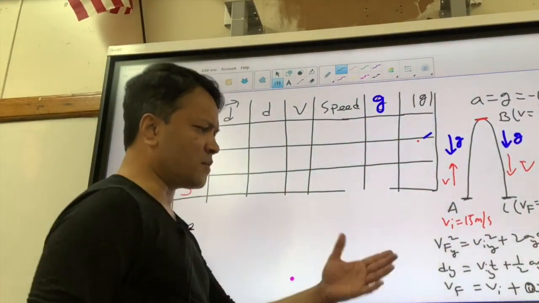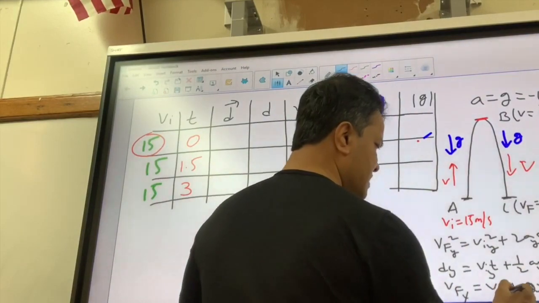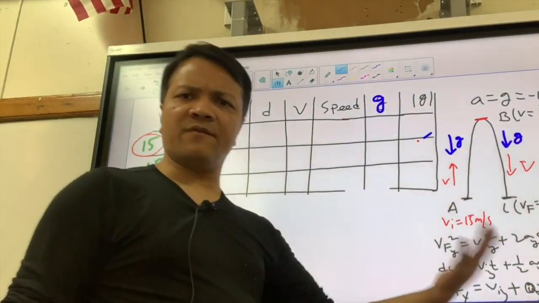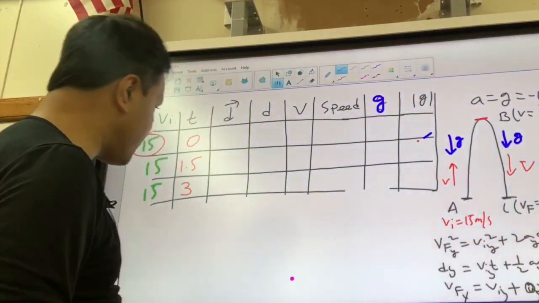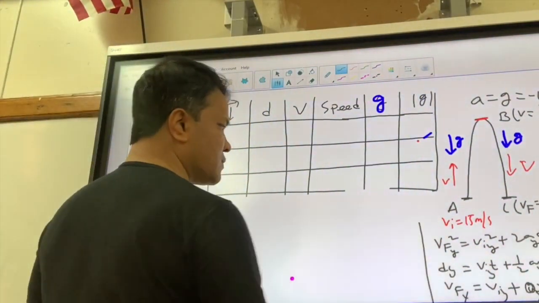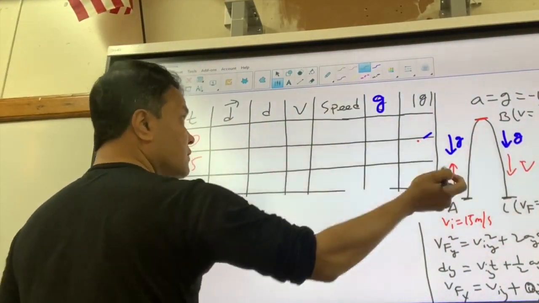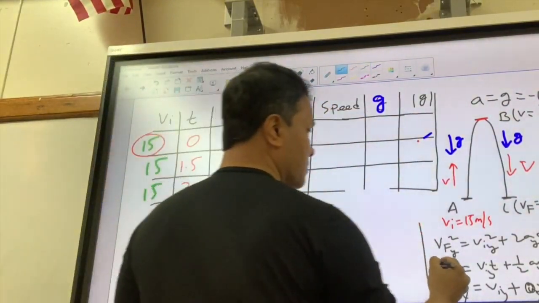Everything is in the y direction because we are talking about free fall, and free fall happens in the vertical direction. Okay, let's pay our attention back. We're going to use all three formulas, but this is our important formula.